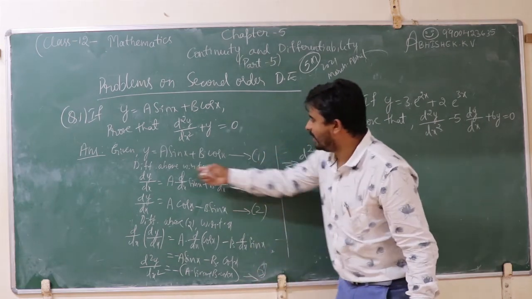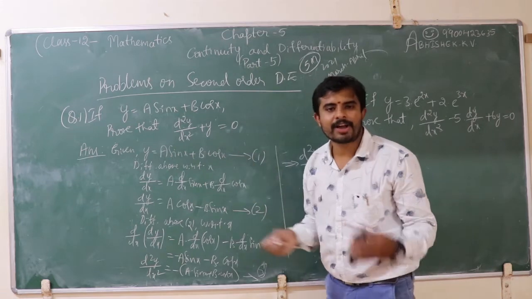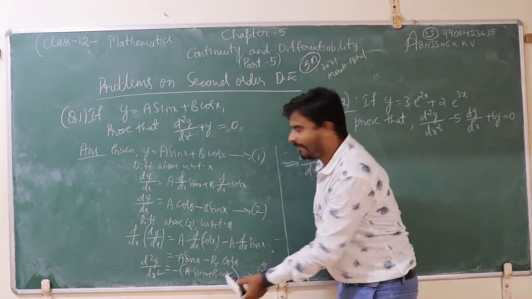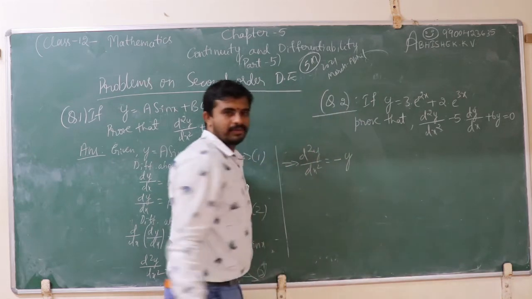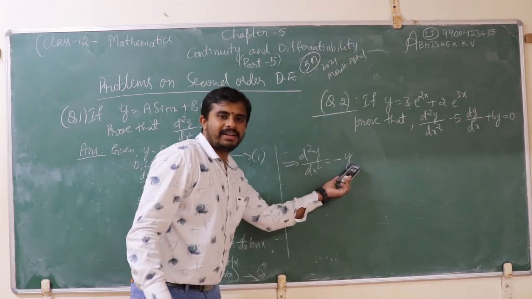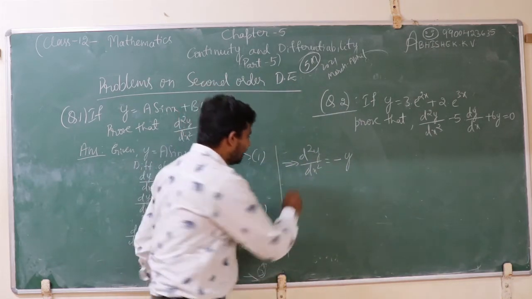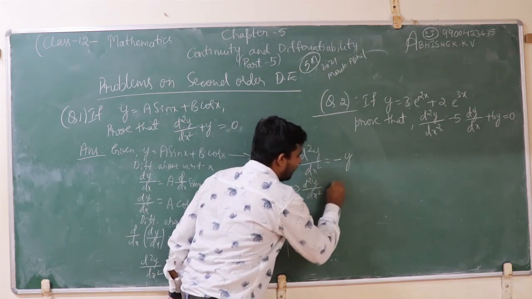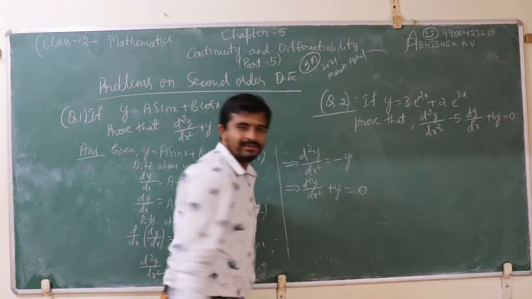From equation 1, a into sin x plus b into cos x is y. Here we have negative, therefore this can be written as minus y. When I transfer this minus y to LHS, you get d square y by dx square plus y is equal to 0.